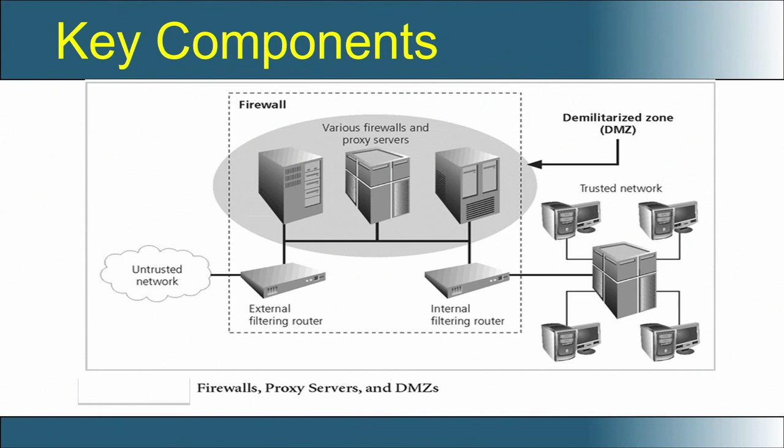So, you see a normal deployment in a data center where your untrusted network comes in, it goes through various firewalls and proxy servers, and then there is some external filtering and internal filtering before you go into the trusted network. In this way, if such a defense is available, then you are much more protected.